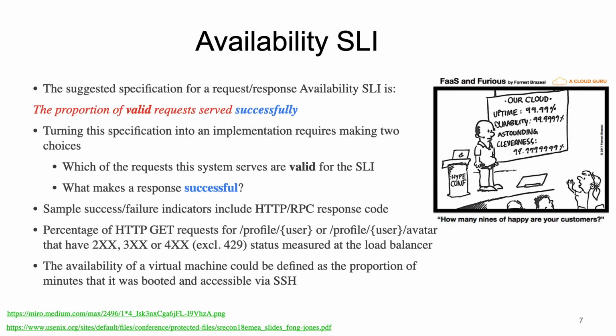For example, the percentage of HTTP GET requests for a particular page of the web page that have 2xx, 3xx or 4xx status, measured at the load balancer, because the load balancer is right next to the client. Or the availability of a virtual machine could be defined as the proportion of machine minutes that it was booted and accessible via SSH. So we have to list down all possible availability SLIs for the system that we deal with.